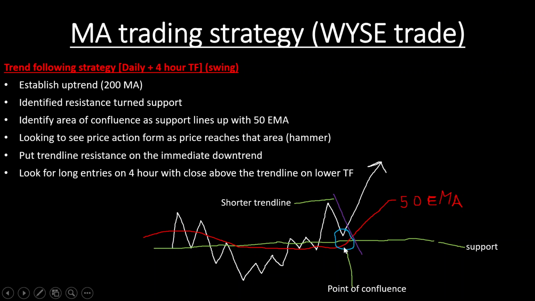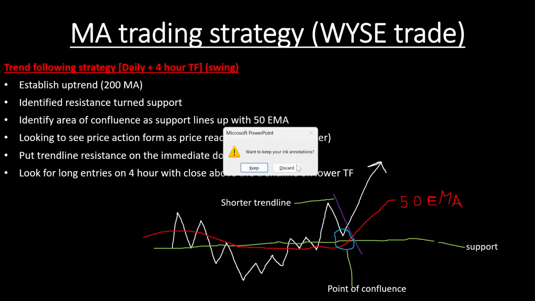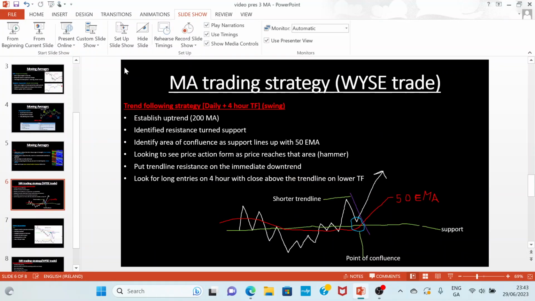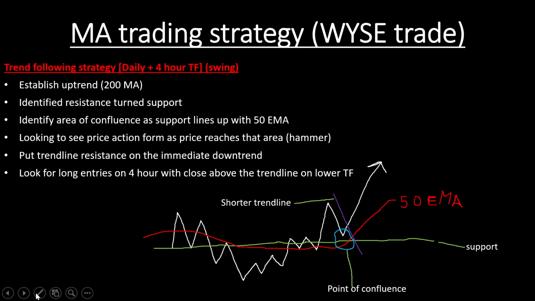Now, to make this even stronger, what you can do is if you had also a trend line here like this, you can see you can connect that. Obviously my line is not straight, but you can see that you have a support horizontal line, you have a trend line, and you have a 50 EMA. So this point here is very strong.